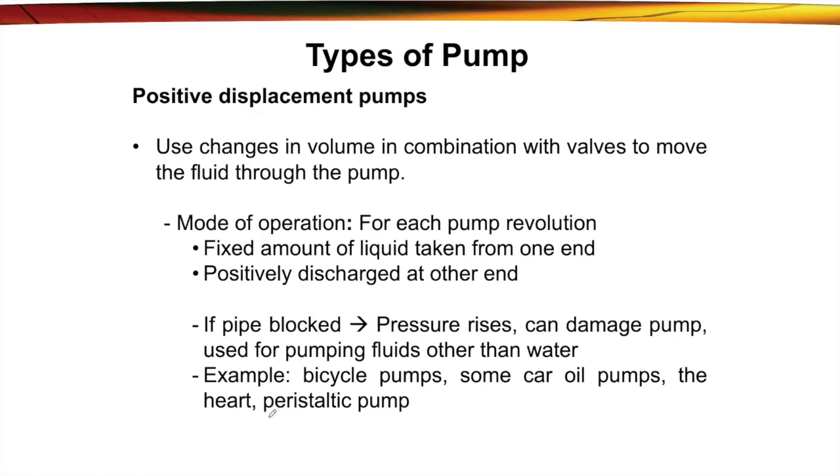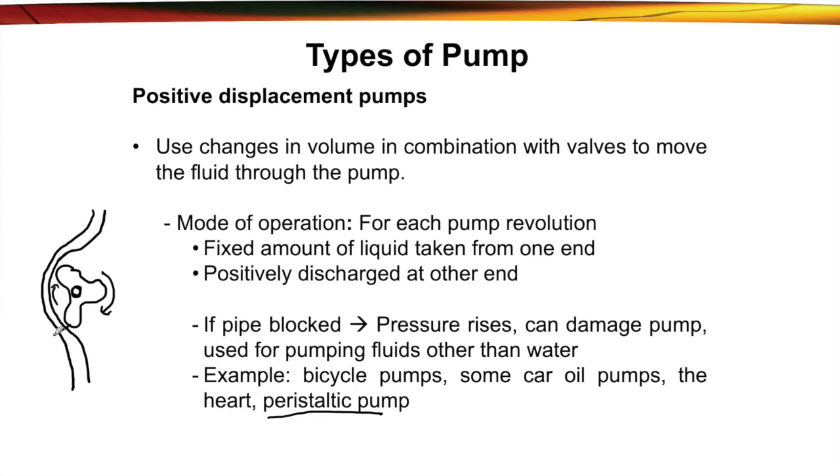So I will explain about the peristaltic pump. This peristaltic pump has this kind of shape. In the pump, we have this tubing. What it means is that for each revolution, this is the pump prime mover, so it will move, and each move will transfer a fixed amount.